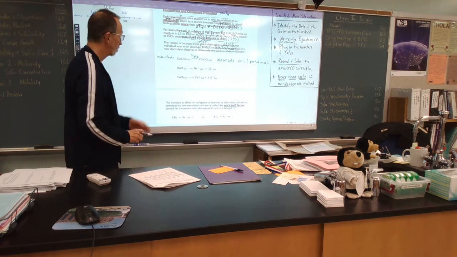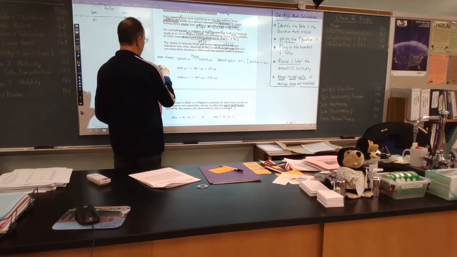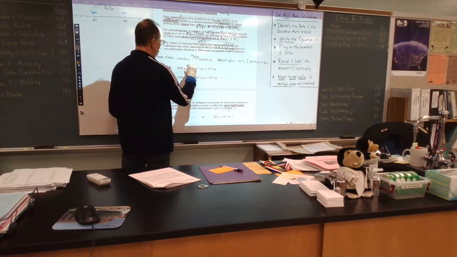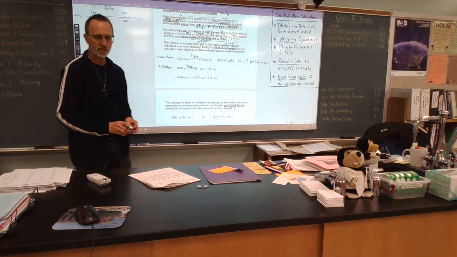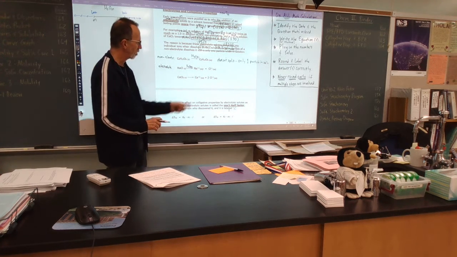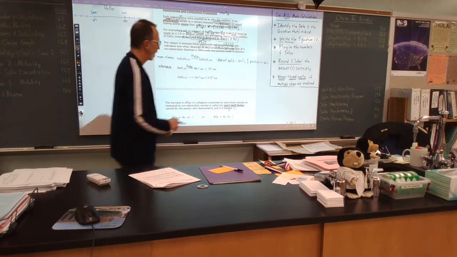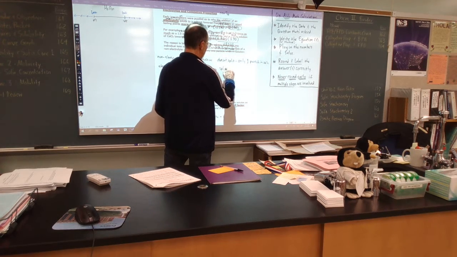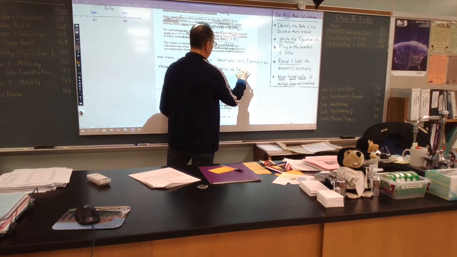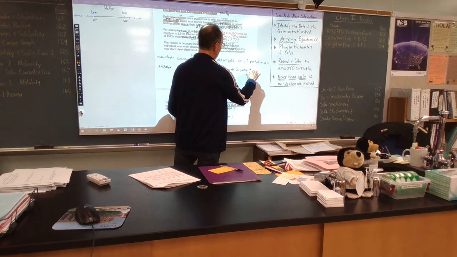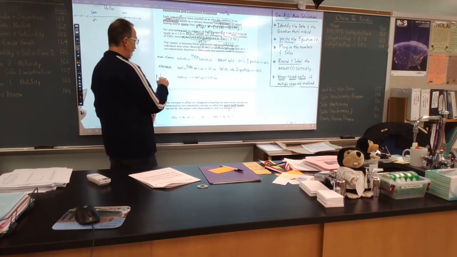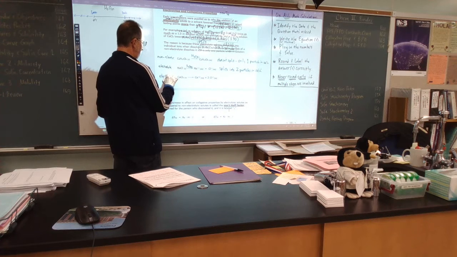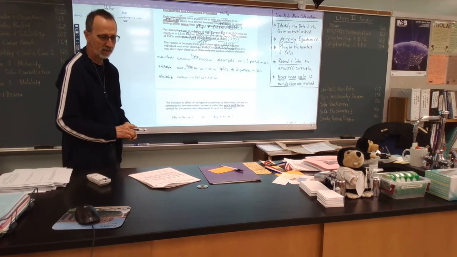However, when you dissolve sodium chloride in water, sodium chloride is an electrolyte. It's an ionic compound. Dissolve it in water, as we well know or should know by now, sodium chloride splits into two ions, which is one sodium ion and one chloride ion. So it splits into two particles in solution. Calcium chloride, another ionic compound, soluble in water, also an electrolyte.